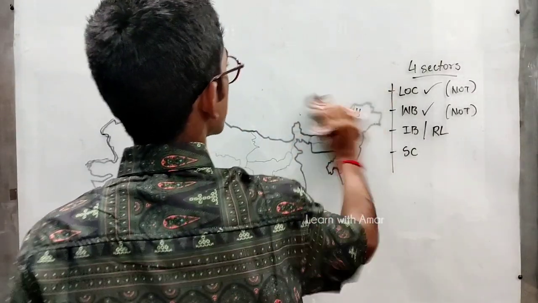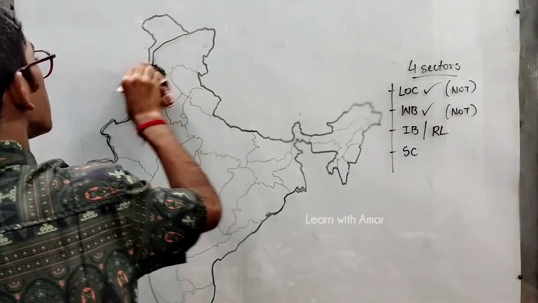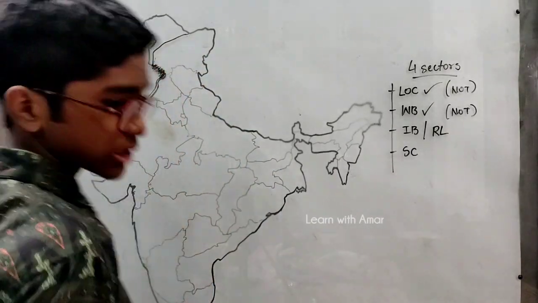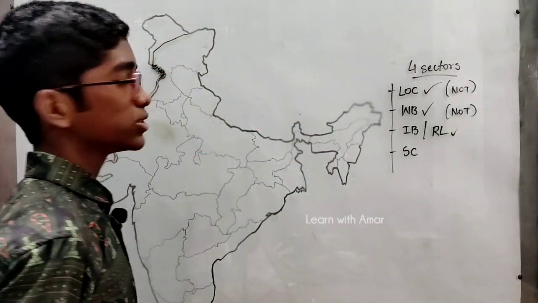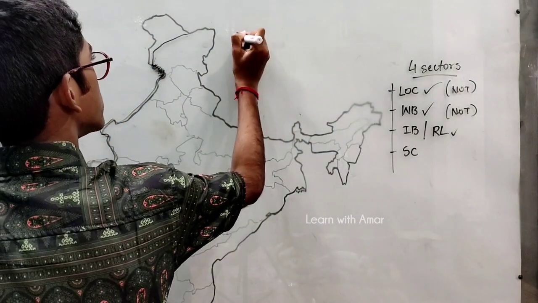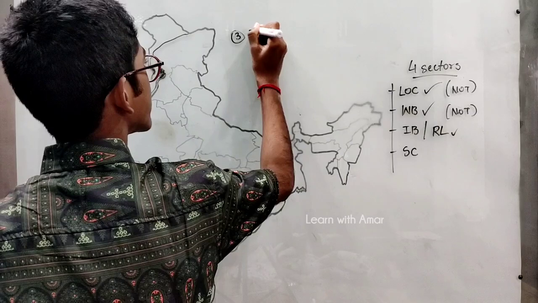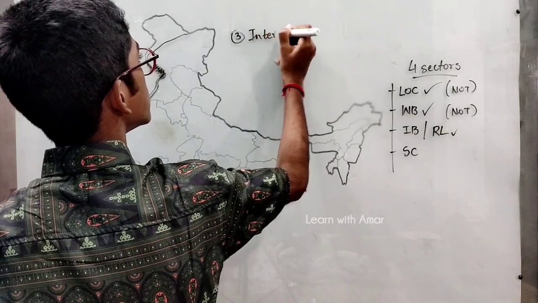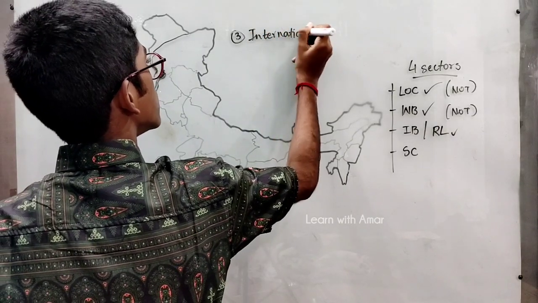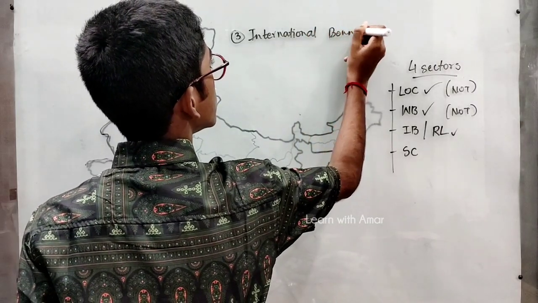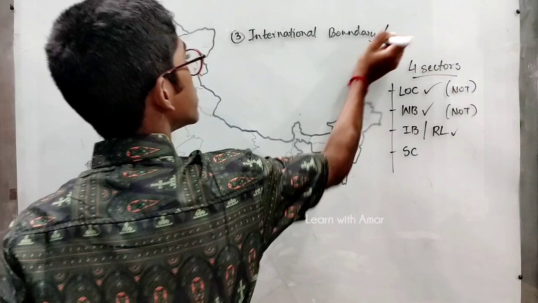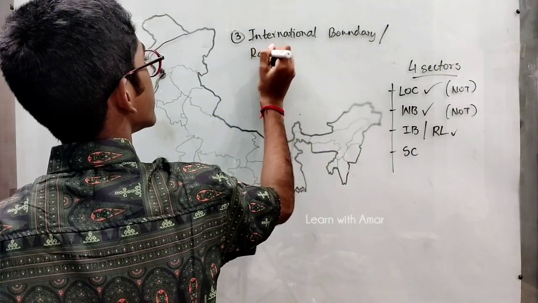And next we move on to the next one, which is IB or RL. So it has two names. Third one, we can call it international boundary, or else we can call it Ratcliffe line.